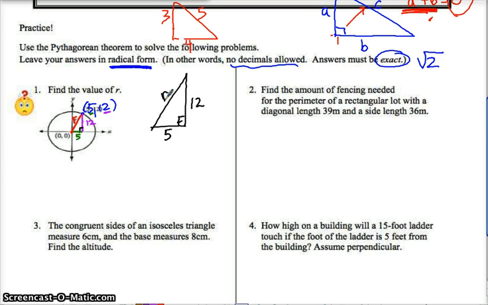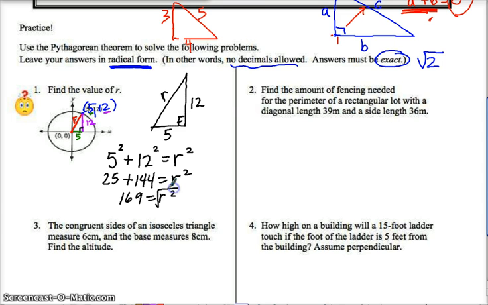So we use the Pythagorean theorem that says if we take one leg and square it, and add it to a second leg and square it, it should equal the hypotenuse squared, which is r in this case. So 5 squared is 25, 12 squared is 144. So we add those together, we get 169 equals r squared. We take the square root of both sides, so what does r equal? R equals 13.